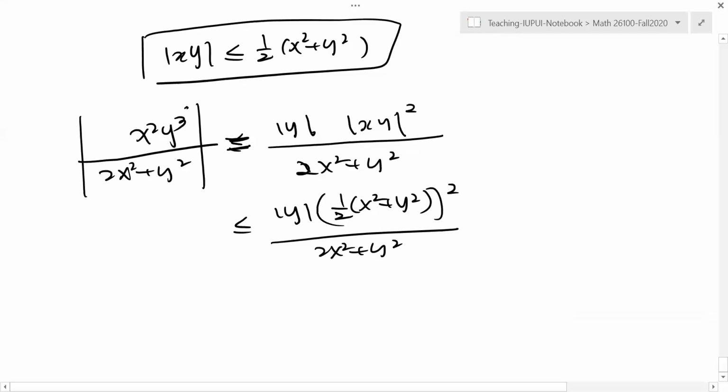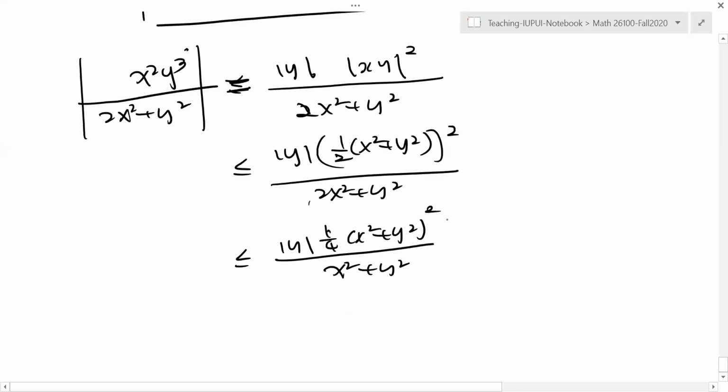Now, we cannot cancel it immediately. Why? We cannot cancel x squared plus y squared yet. But I can remove the 2 here, because when you make the denominator smaller, you make the quotient larger. Then you're okay.